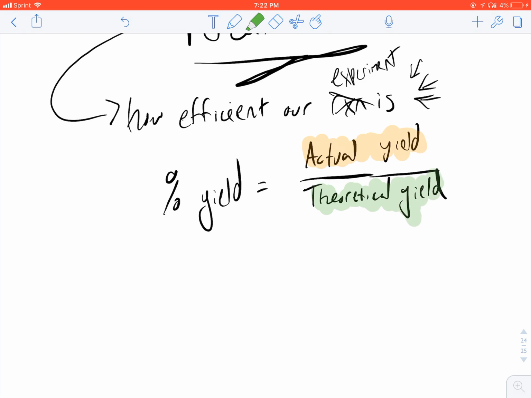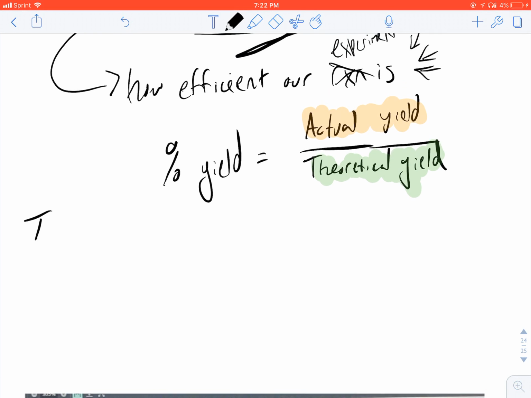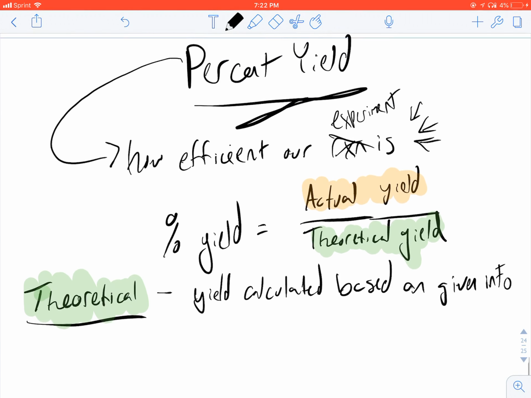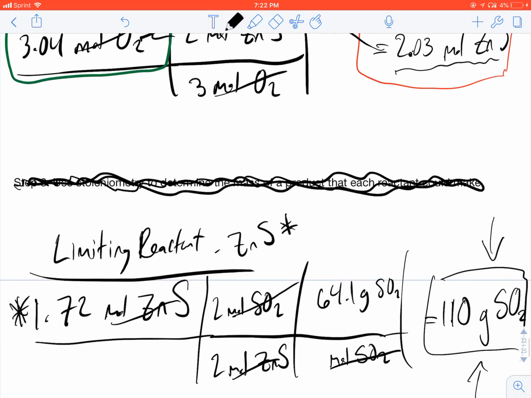So let's start off with the one that we know, but maybe we didn't know that we knew, the theoretical yield. The theoretical yield is what we have been dealing with all along. This is the yield calculated based on given information. So that's like we did before with our limiting reactants.